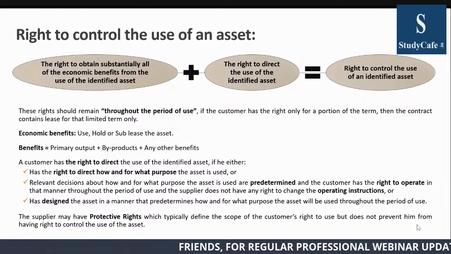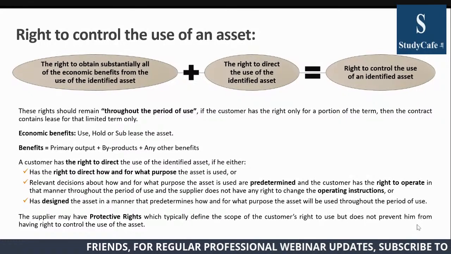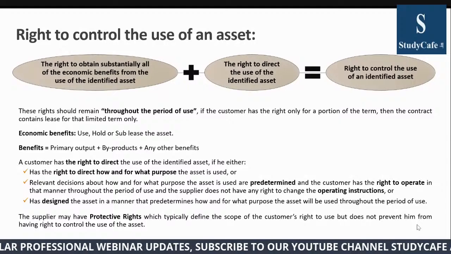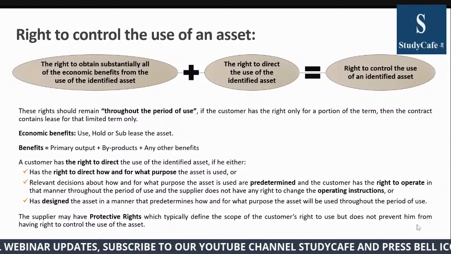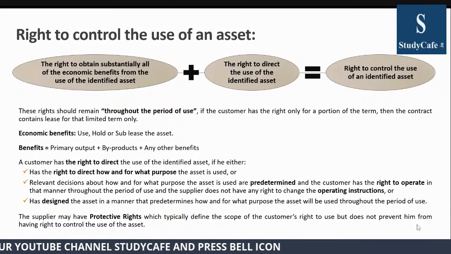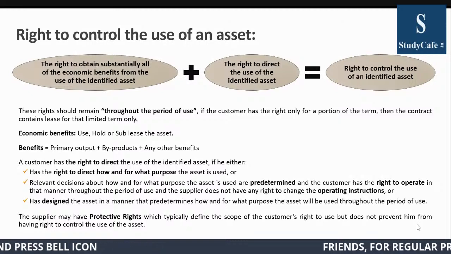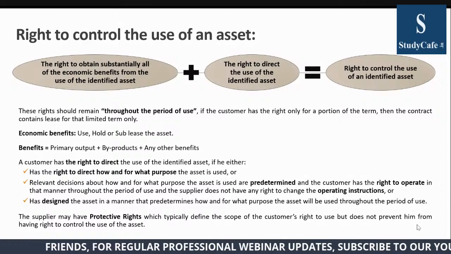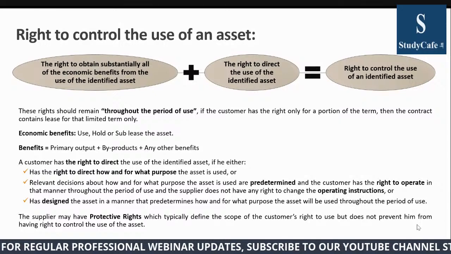But whatever receipts come from the use of that asset comes to me. So basically, I have the right to obtain substantially all the economic benefits that one could have derived from that asset. So whatever possible economic benefits are there from that asset will be derived by the lessee. If that condition is fulfilled, then we can say the lessee has a right to obtain substantially all the economic benefits from the use of that identified asset.